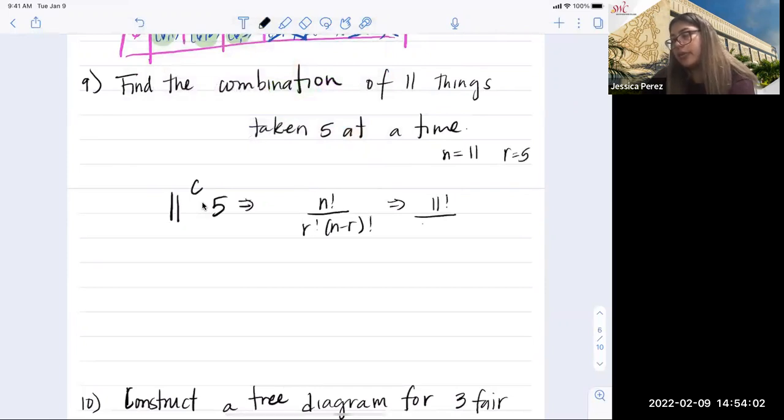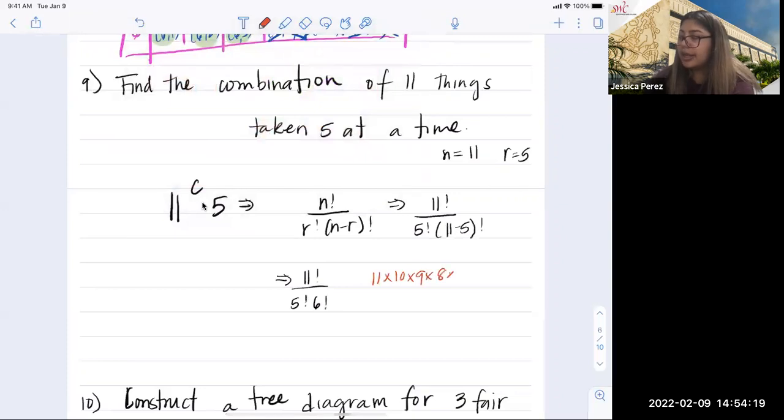This is 11 factorial over 5 factorial times 11 minus 5 factorial, which is 11 factorial over 5 factorial times 6 factorial. 11 factorial is 11 times 10 times 9 times 8 times 7 times 6 times 6 factorial, all over 5 factorial times 6 factorial. Your 6 factorials will cancel.